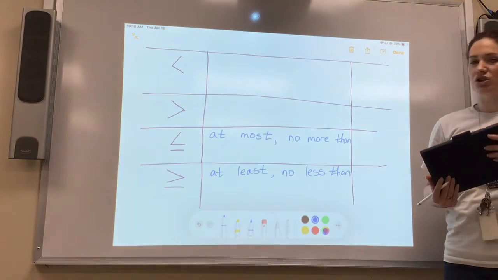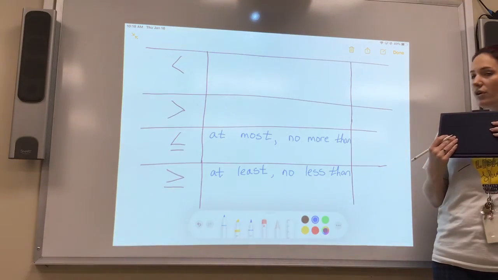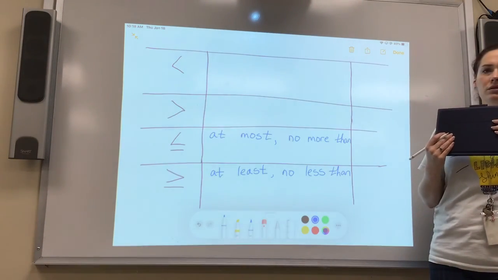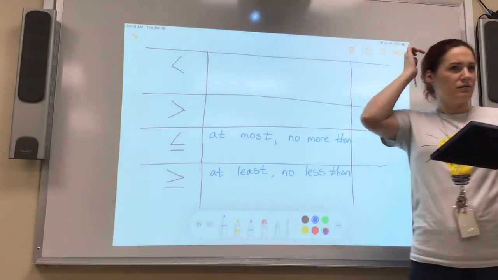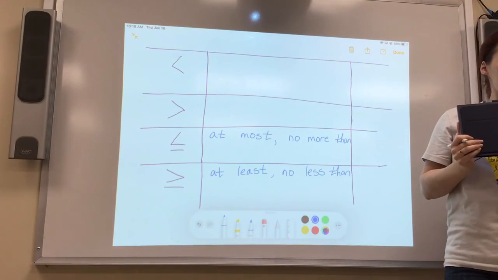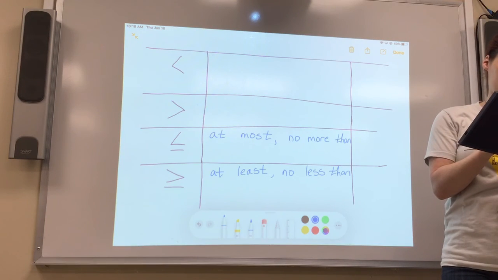So I'm just trying to make a little cheat sheet here for you for the vocabulary terms. For less than, what words might we see? You might just see less than. That's actually pretty common.